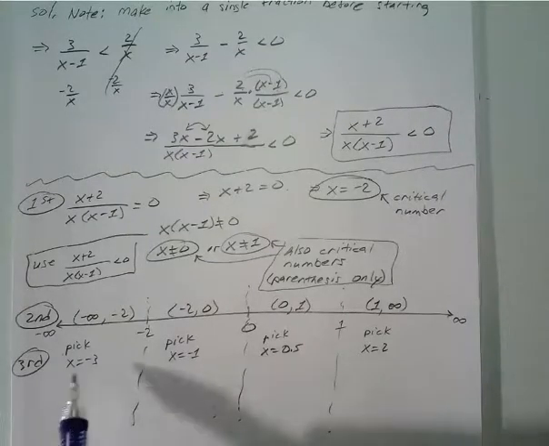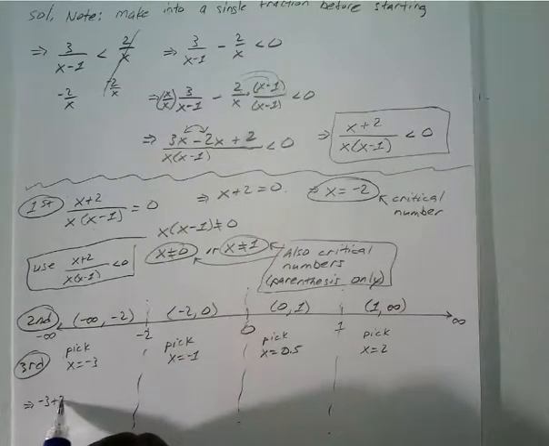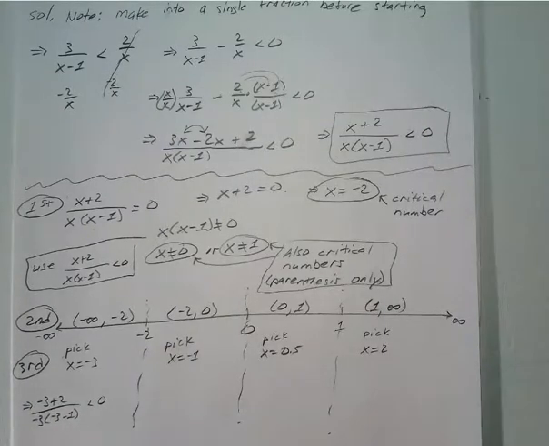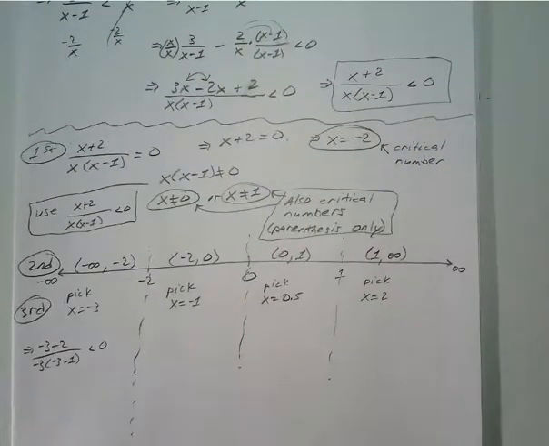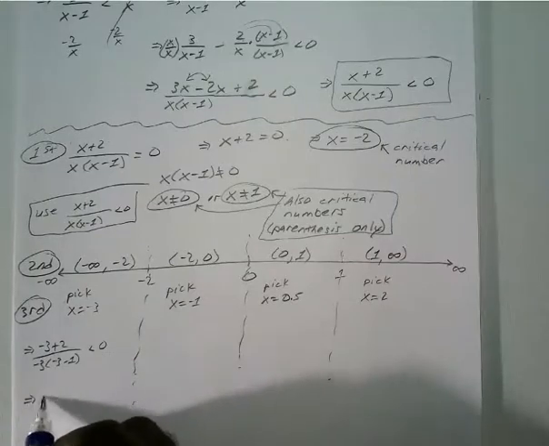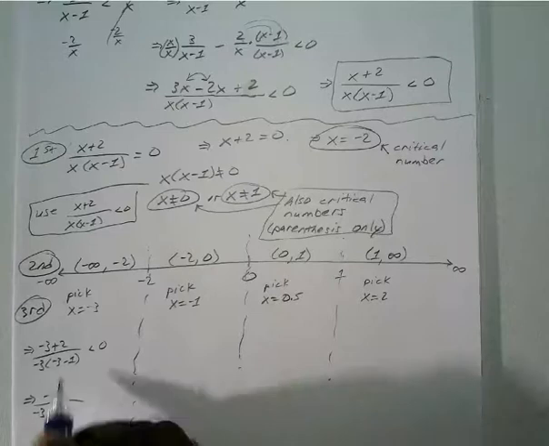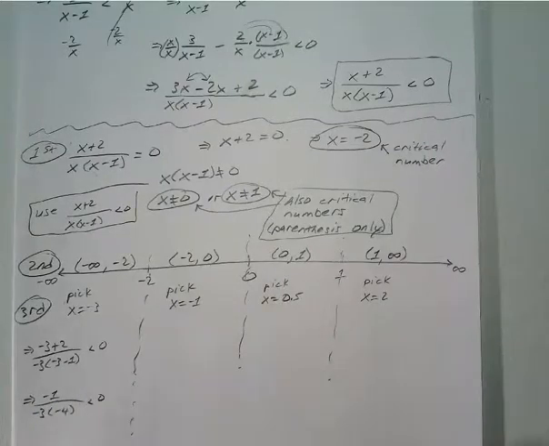All right, so if we plug in x equals -3, -3 plus 2 over -3 times -3 minus 1 is less than 0. Okay, so -3 plus 2 is -1 over -3 times -4 is less than 0.